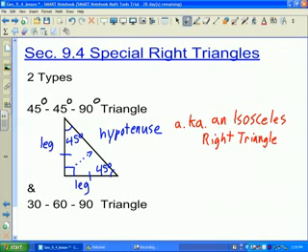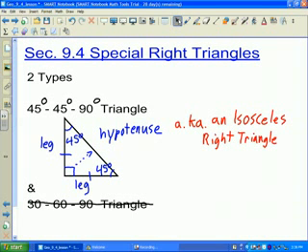And this is the triangle we're going to be dealing with most today. Actually, this is the only triangle we're going to be dealing with today. We won't have to worry about this 30, 60, 90 here today. So, sorry about that. Don't worry about that guy.